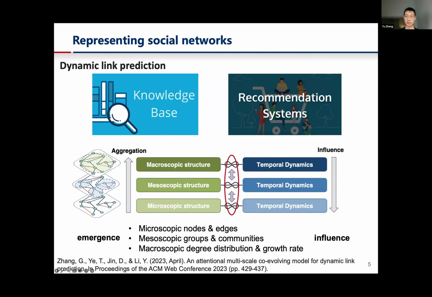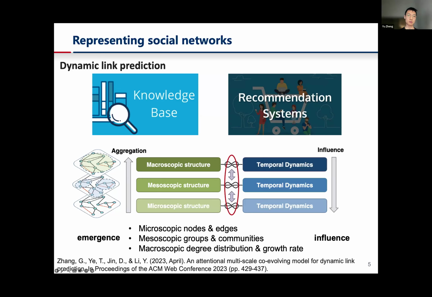In this link prediction task, there is temporal information characterizing the evolving dynamics of the network, as well as structure information which describes the network topology. These 2 types of information are deeply interconnected in multiple scales.